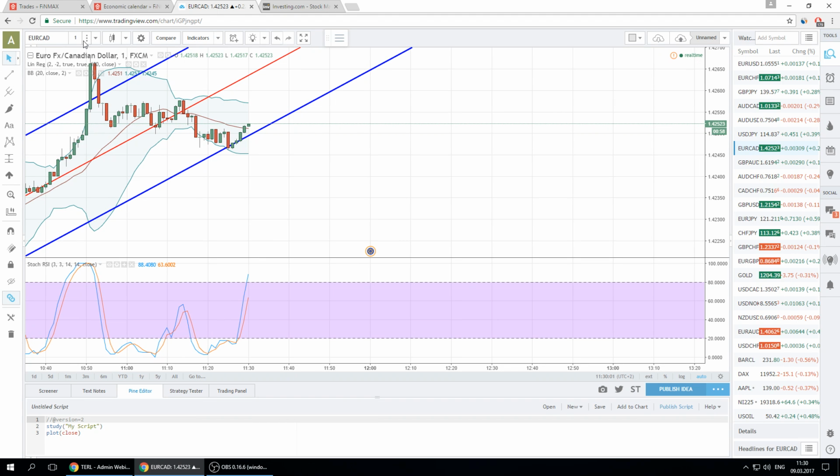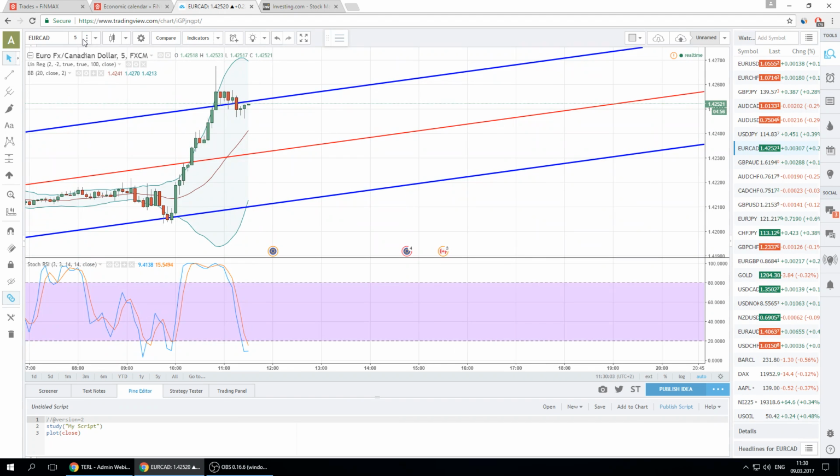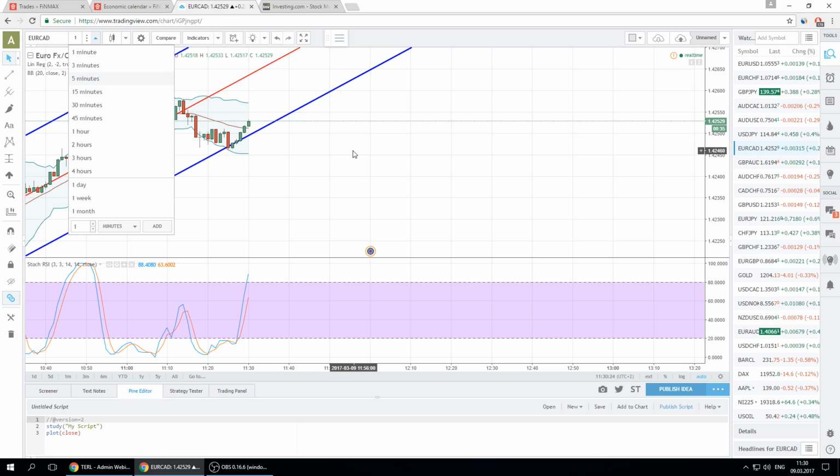We see that it's still growing, and 5 minutes is also growing. So right now what we're going to do, we're going to open the trade for, I'm not sure, I need to check one more time.